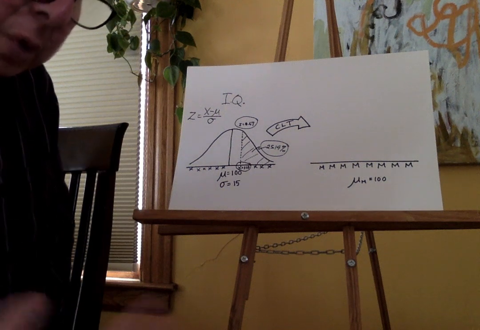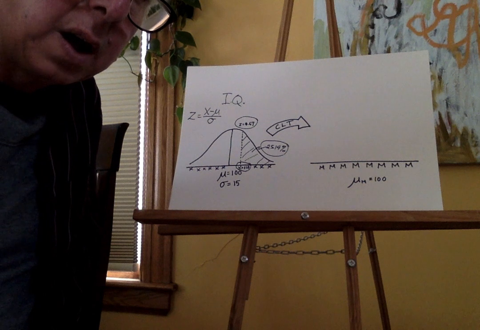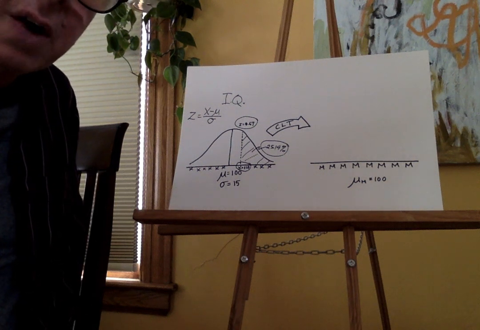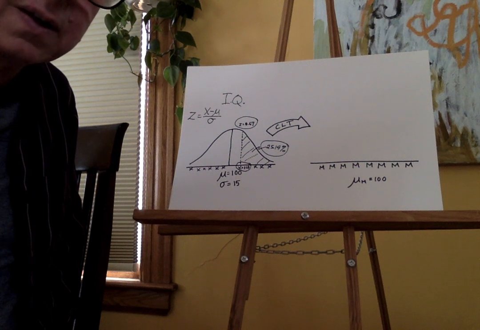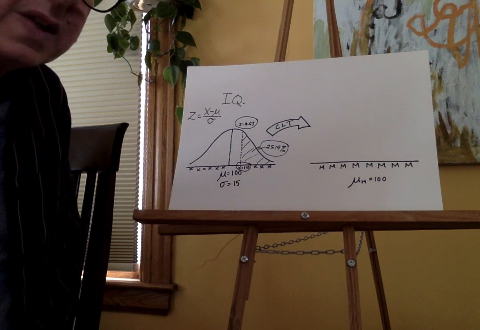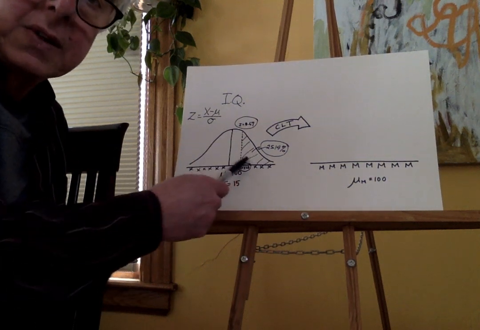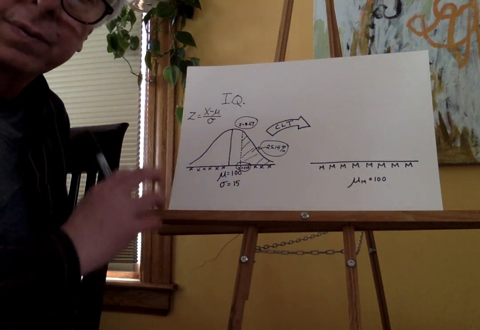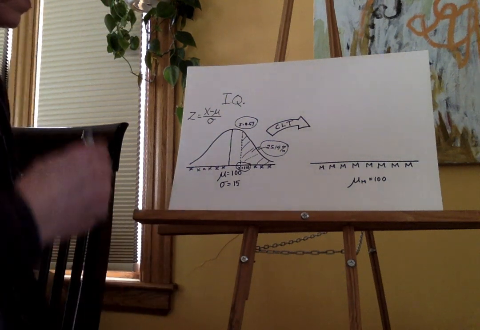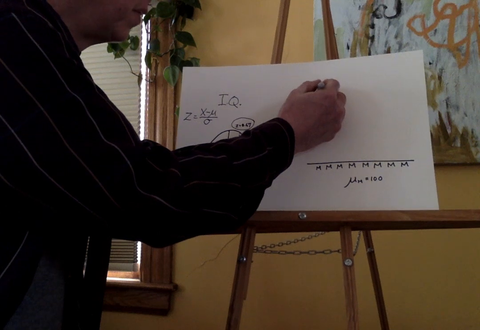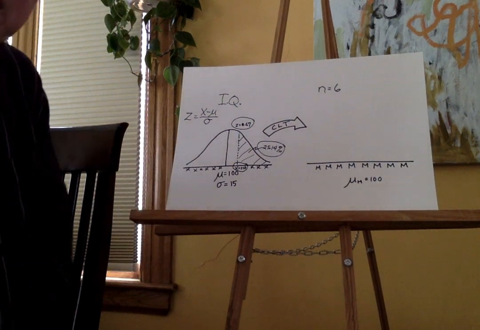I hope that was review. We're going to put that old information together with the new information that we have about Central Limit Theorem. We know that if we take samples from this population, this is going to be like our bag of blocks. Let's say in this case we're going to do samples of n equals 6.